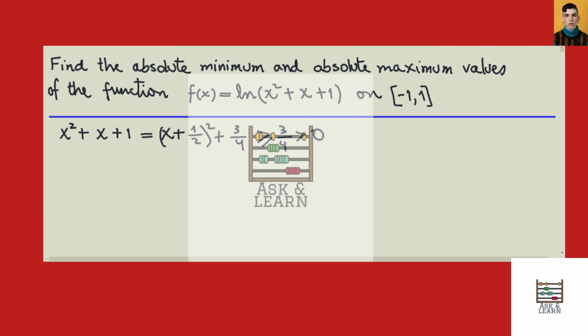That is, for all real numbers x, this expression is always positive, and so we can take the natural logarithm. So it's well defined.